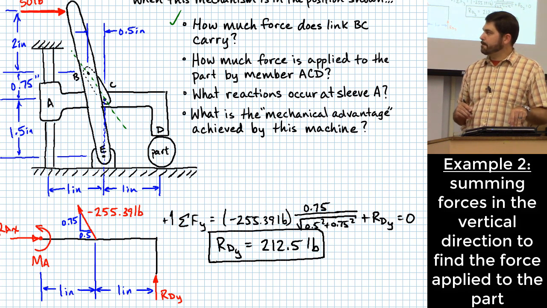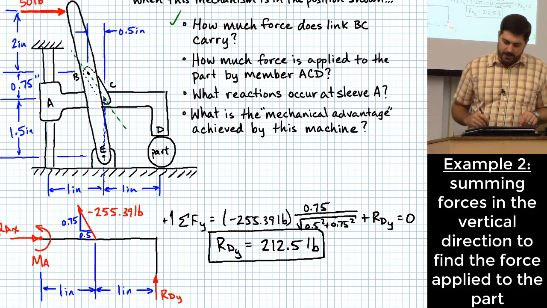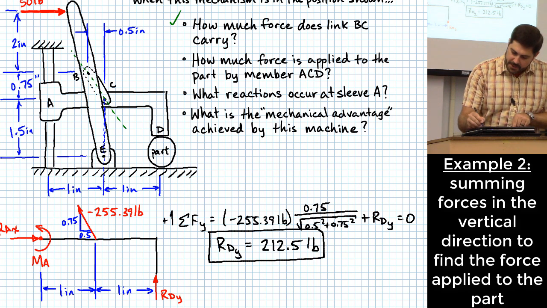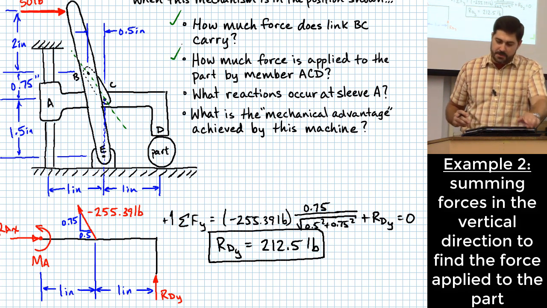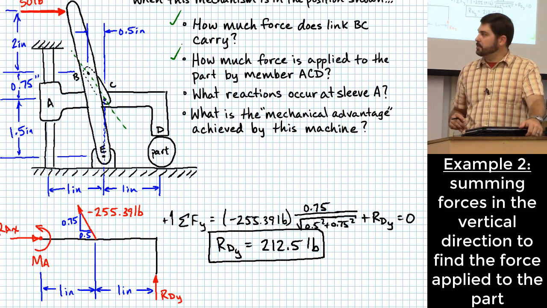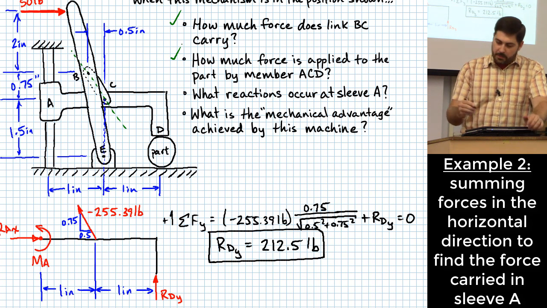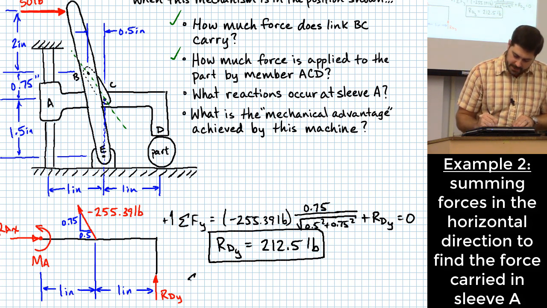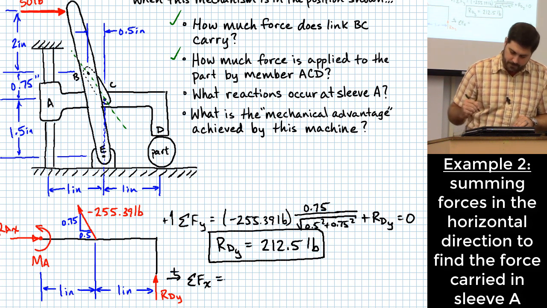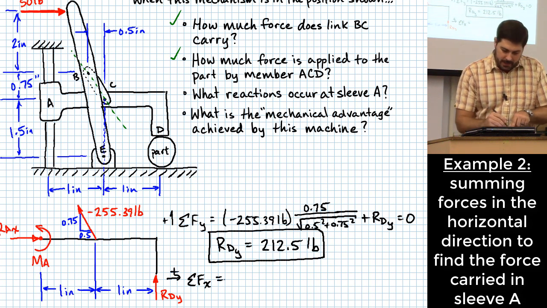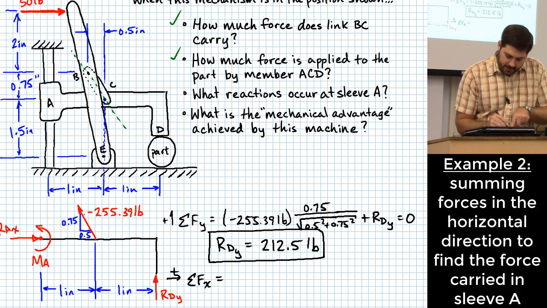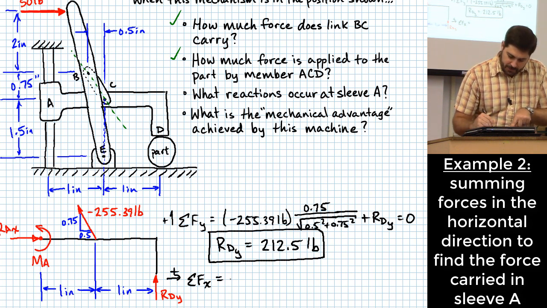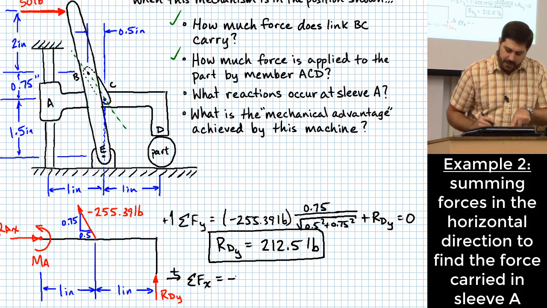All right. So my reactions at sleeve A, right? I just finished this one: how much force is applied to the part by member ACD. So we just figured that one out. Another easy one to do here is to sum forces in the X. Right? And so there I've got the arrow points generally left for 255.39, so I'll put in a minus.